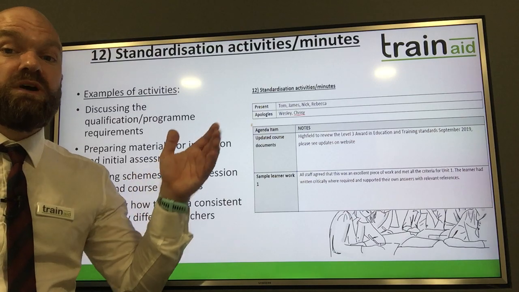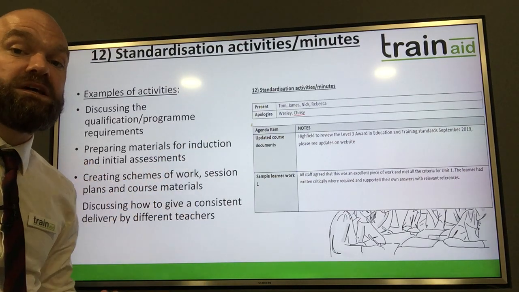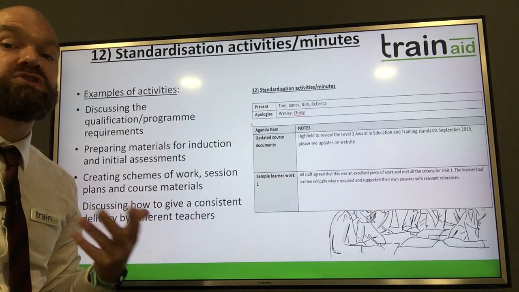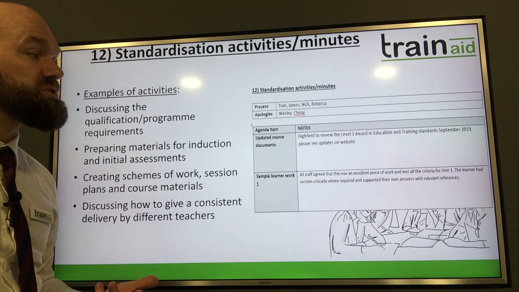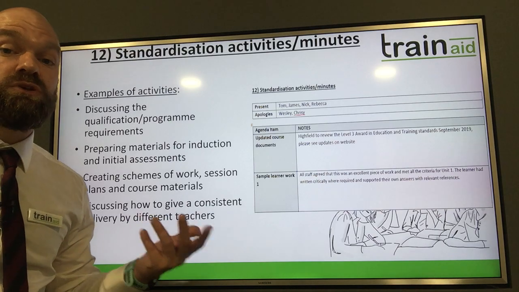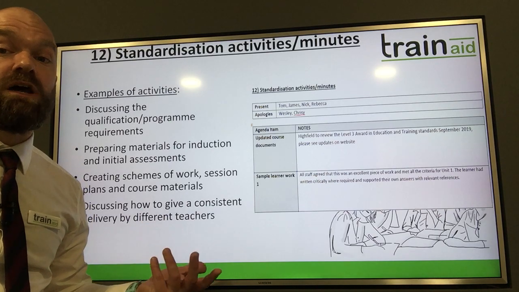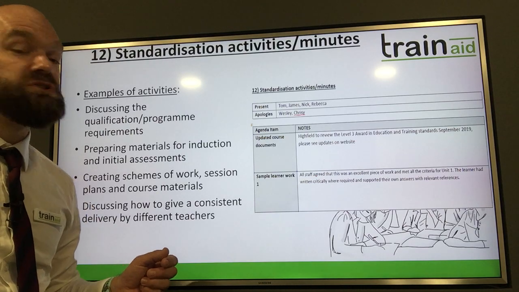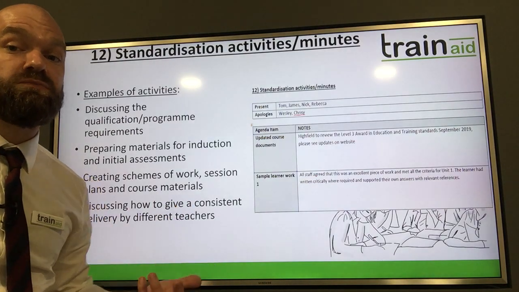With that being said, criteria 12 looks at the standardization meeting. So this is going to be a level above the general meetings, and it's going to be focusing on how you conduct any type of standardization activity. So it could be interpreting new policies and procedures.